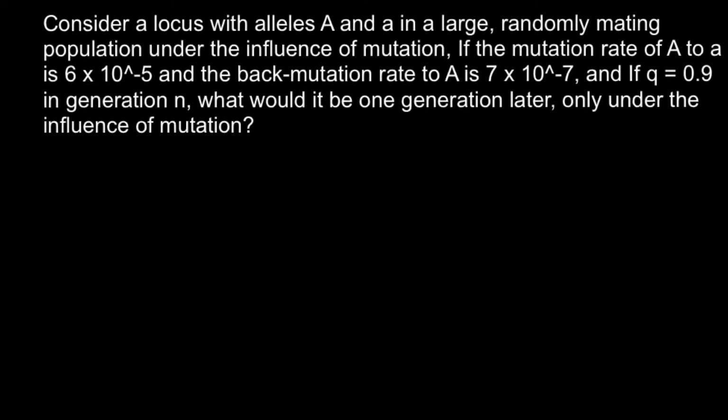Hi, today's video is going to be about population genetics, and here is a problem. Consider a locus with dominant allele A and recessive allele a in a large randomly mating population under the influence of mutation.